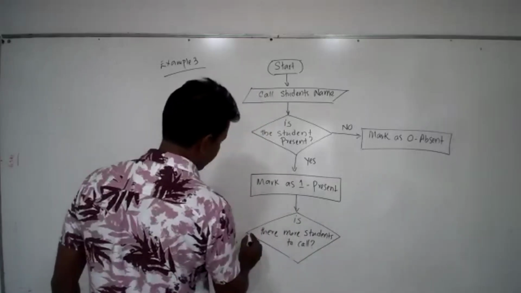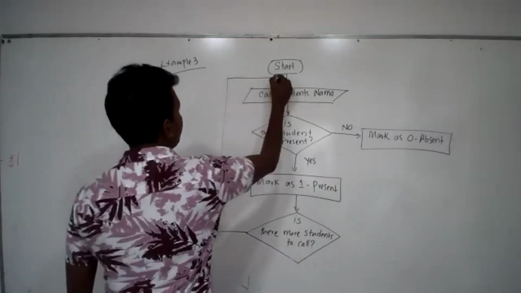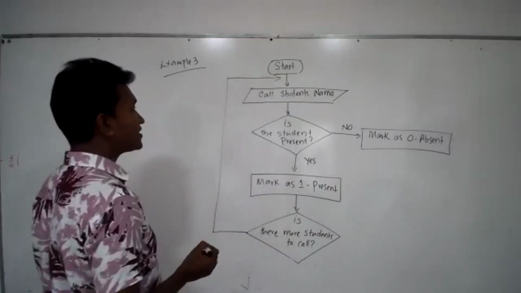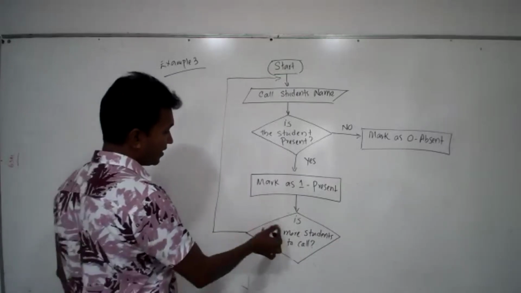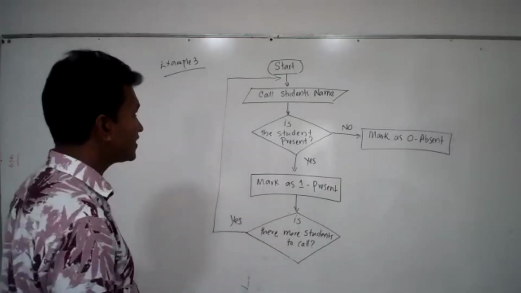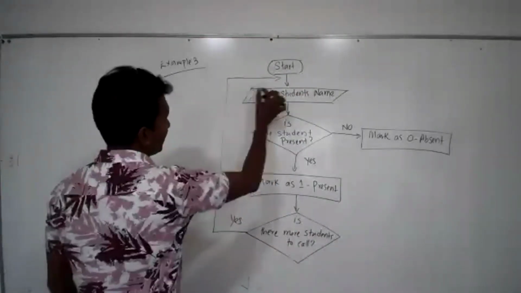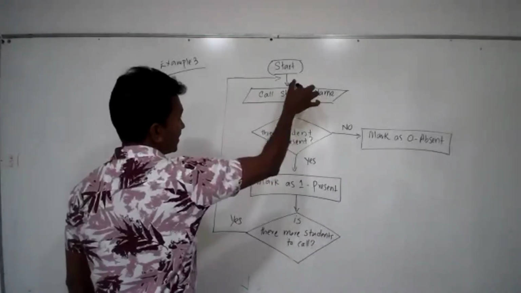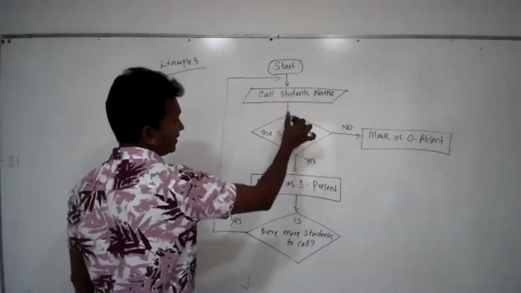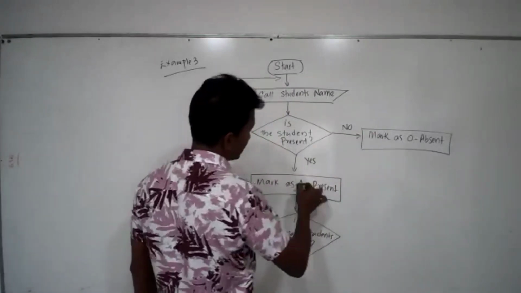Then, if there are more students, we have to call that student's name. That means we have to repeat again. We have to go there and call that student's name, right? Again, if it is present, mark as 1.